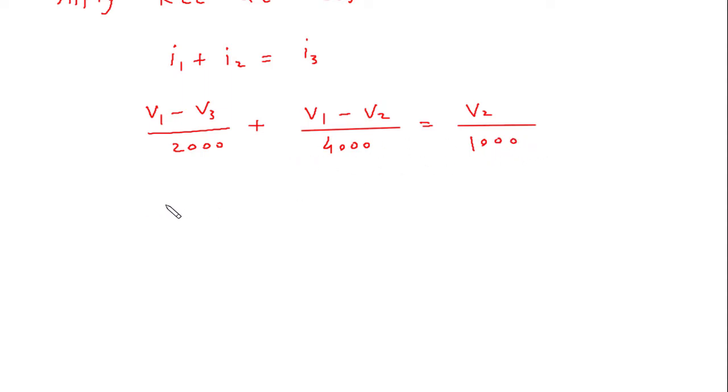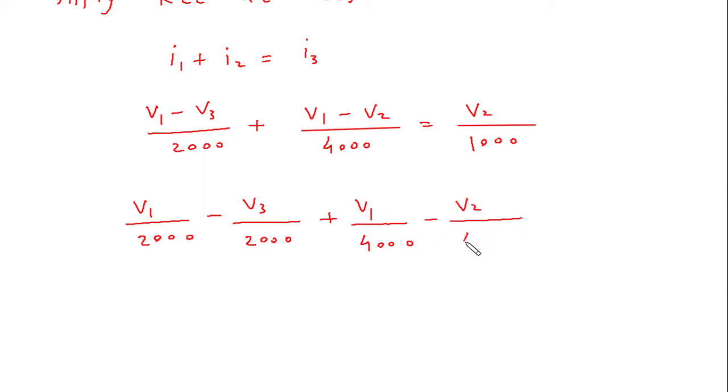So this will be V1 by 2000 minus V3 by 2000 plus V1 by 4000 minus V2 by 4000. This V2 by 1000 will go on the left side, so minus V2 by 1000 is equal to 0.